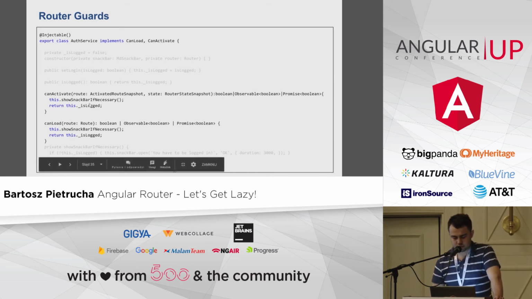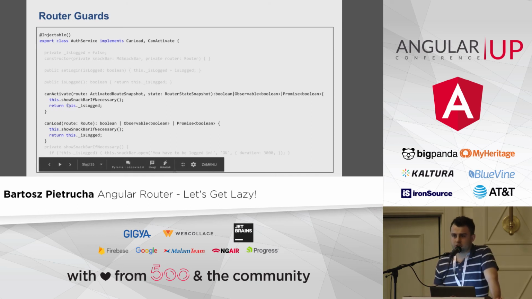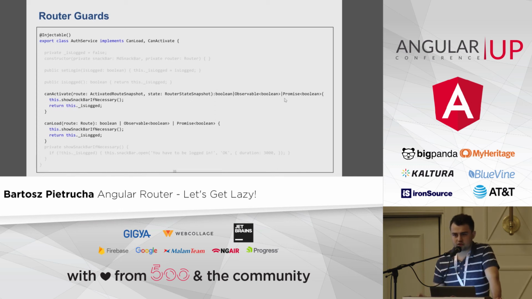So in this example, we have implemented some fake login mechanism that has one single flag that says either the user is logged in or not. We will see in the demo how we will manipulate this flag. But for you to understand, we just need to return either Boolean or observable or promise of that Boolean type, so that Angular can decide if it can activate or can load the particular route.